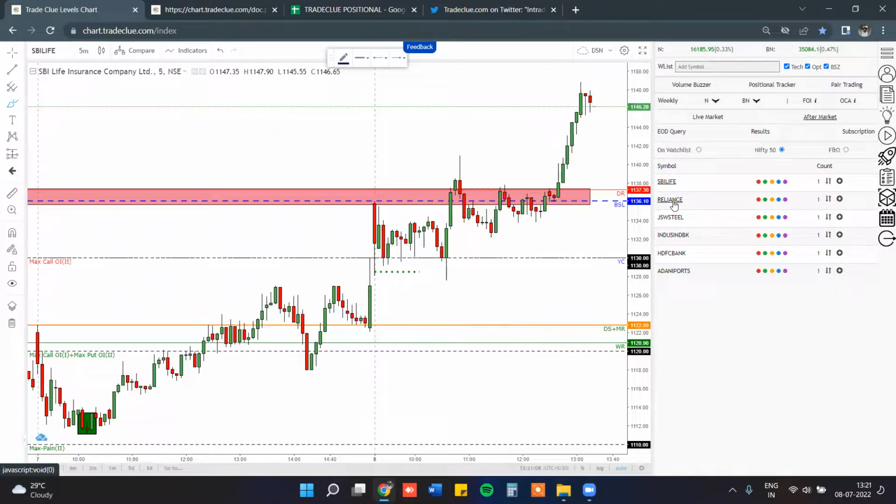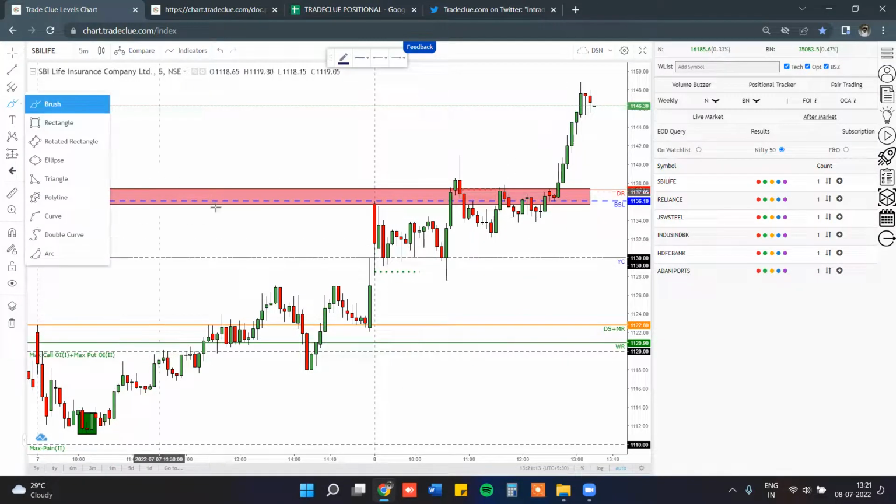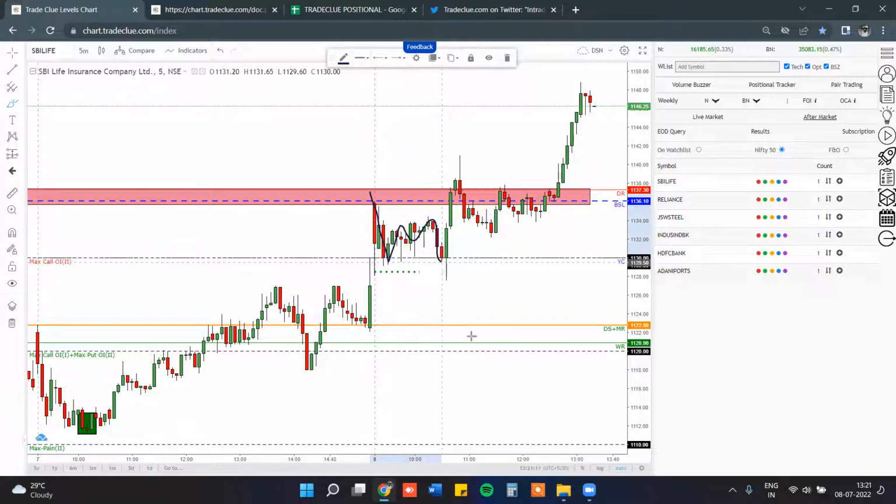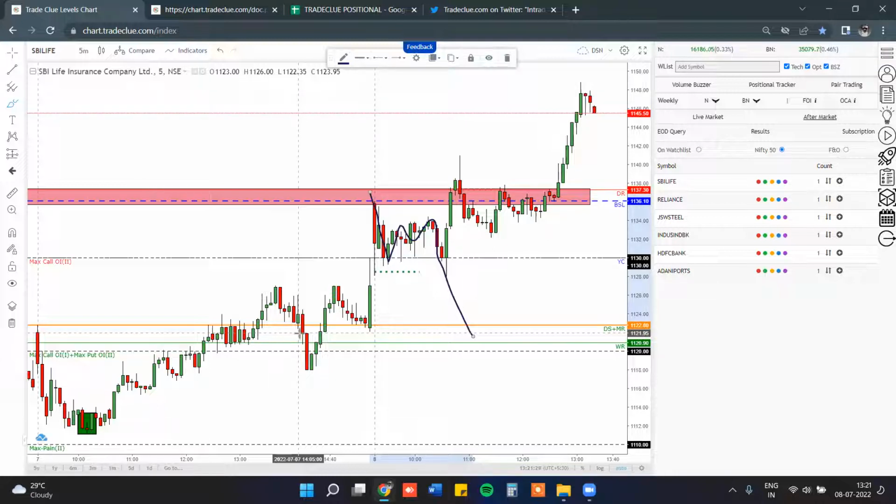Now, where I need to find the reversal and how to trade those reversals: those who are good with technical analysis or technical understanding. Since the past week, I had been sharing some images of breakdown before the market starts. Like we had shared some Oro Pharma images where we were planning to trade from the red band.